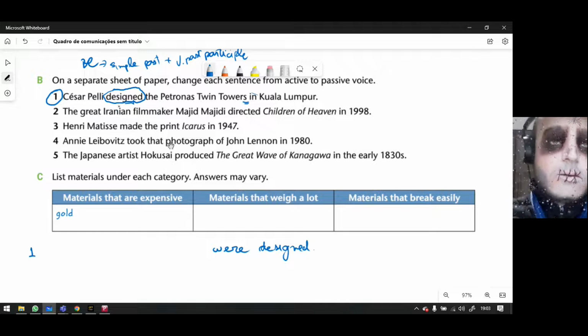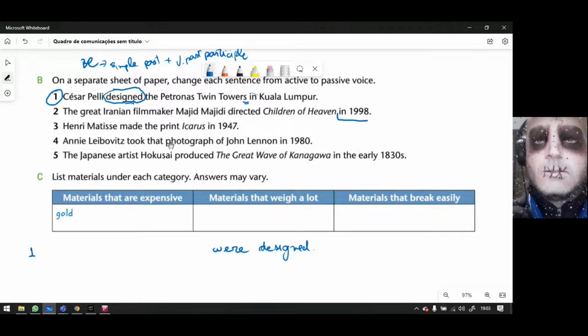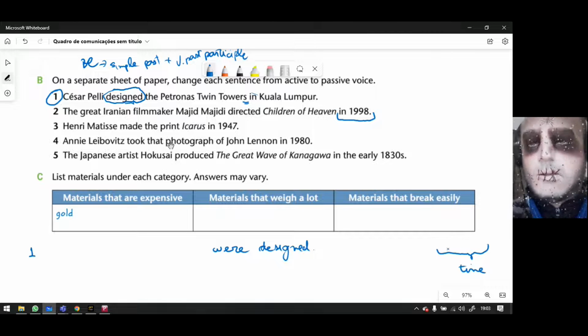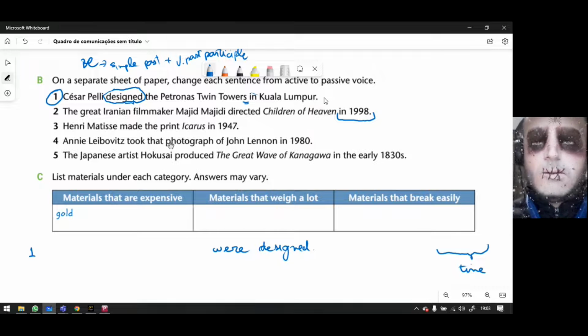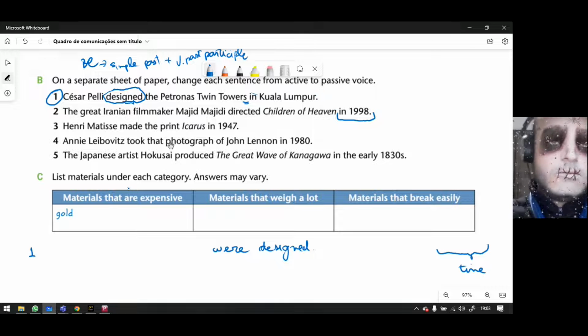Okay. Second thing, we check if there is a time expression. If there's a time expression, like here, we put the time expression in the end. Time expression, okay? This second, number 2, in 1998. Okay, this first one doesn't have a time expression.